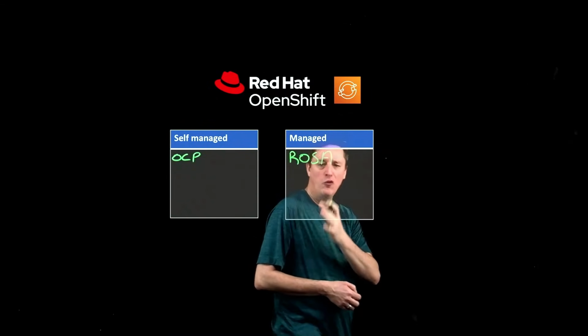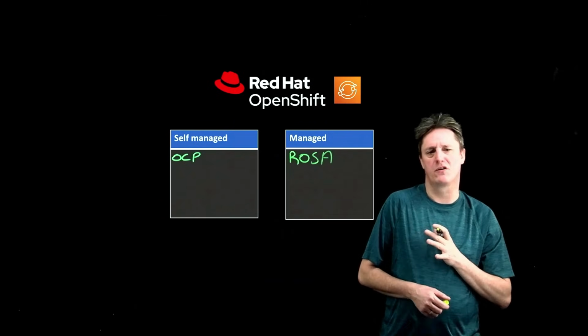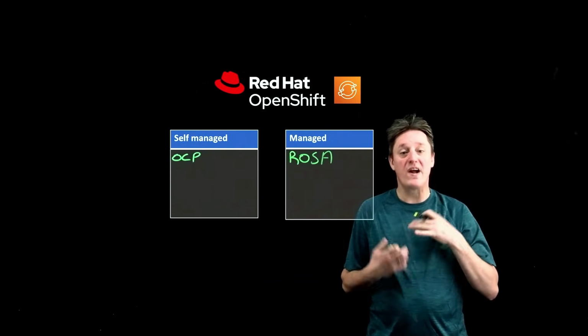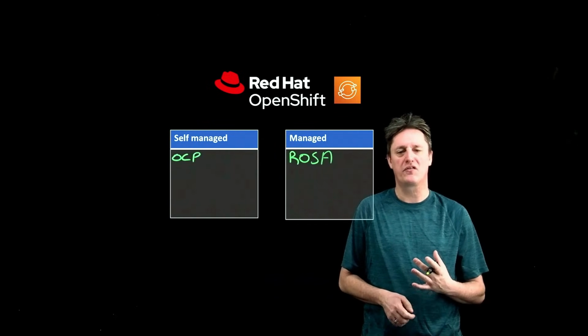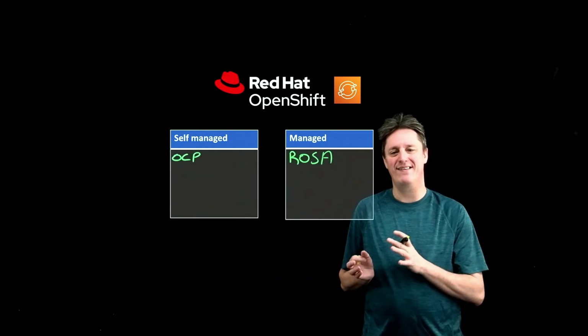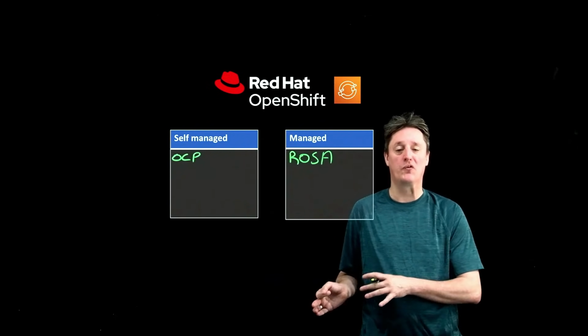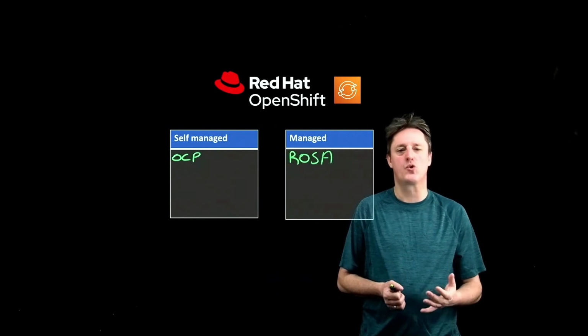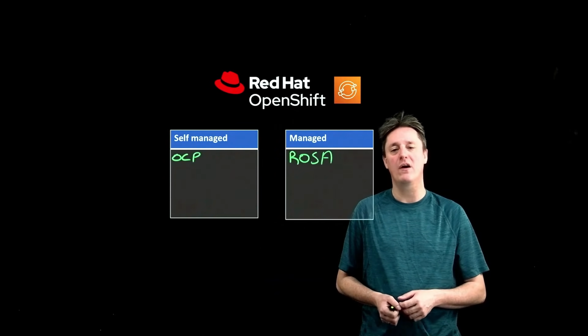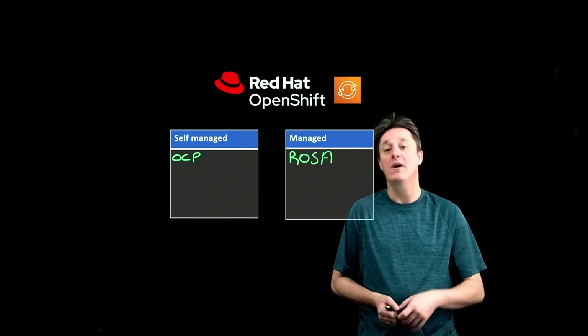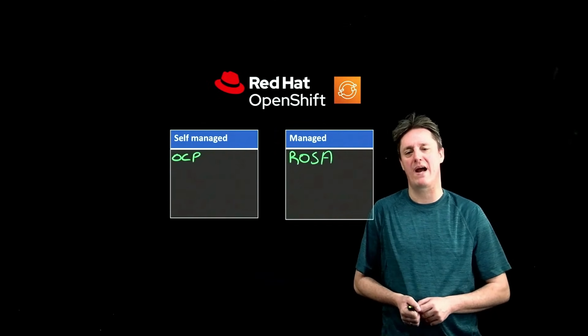ROSA is a fully managed version of OpenShift. It has a Red Hat SRE team in the background making sure that OpenShift is constantly available to you, and it is a joint supported platform where customers have choice, where they can reach out to either Red Hat or to AWS for their support requirements, but managed by Red Hat in the background.